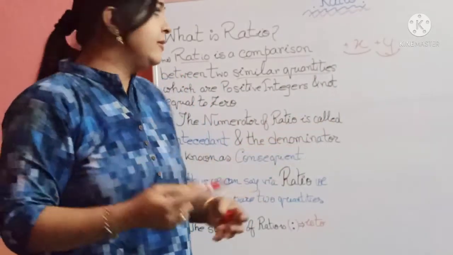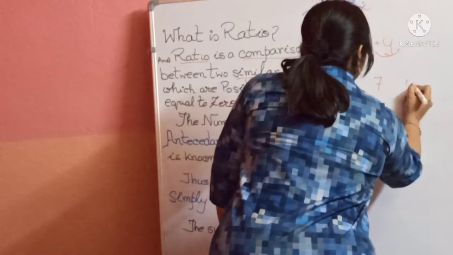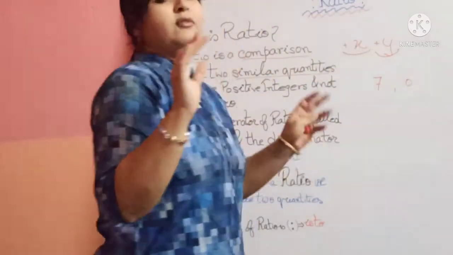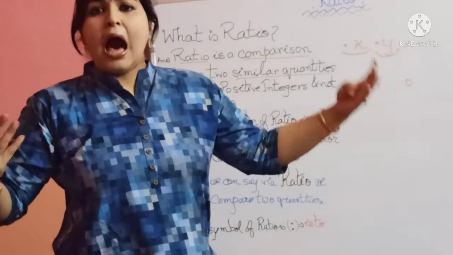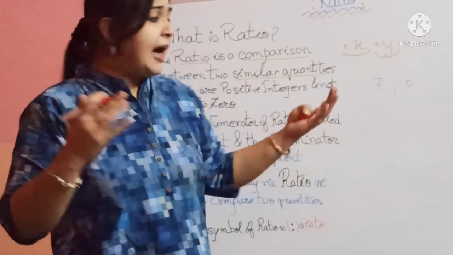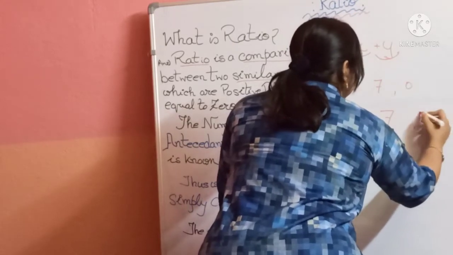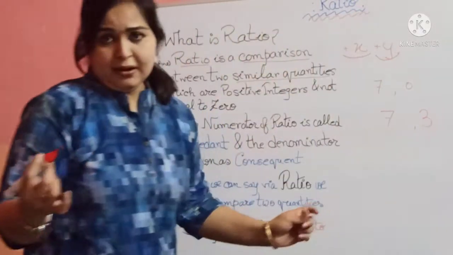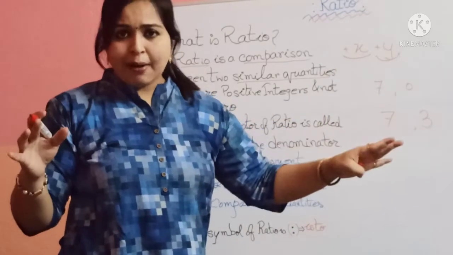If anyone becomes 0, see, 7 and 0. I have given someone 7 toffees and another one nothing. How can I compare? If I have given 7 and another person 3, then I can compare. If both are positive integers, then only we can do the comparison.